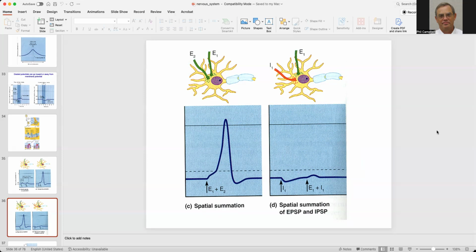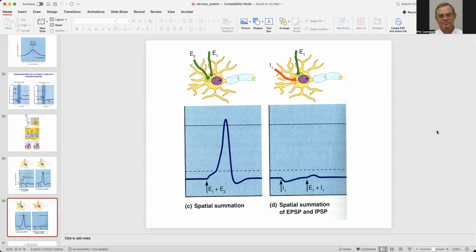Temporal summation, spatial summation. This is physically impossible with action potentials because they're discrete wavelets. This only works for graded potentials, right? Now, also remember, again reminding you, we can also have depolarizing and hyperpolarizing events.